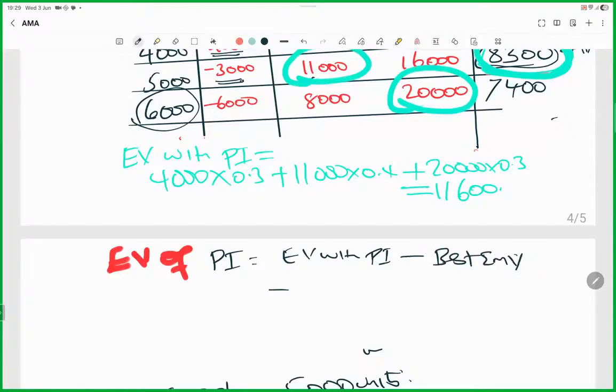Best EMV. So EV with PI is 11,600. Best EMV is 8,300. Which will end up giving us what figure? 3,300. Yeah.